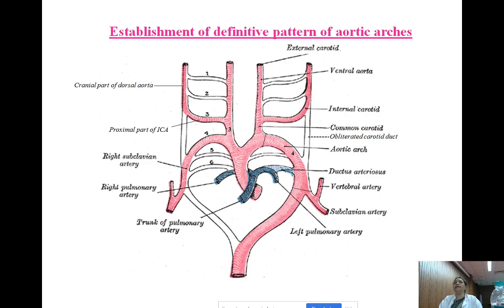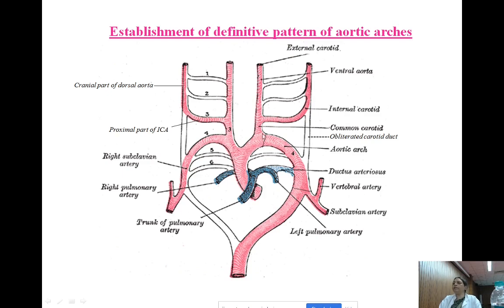These six intersegmental arteries fuse together to form the vertebral artery, which you will see later in the neck. So that is the right subclavian artery. The distal part of the subclavian artery is formed by the seventh intersegmental artery.